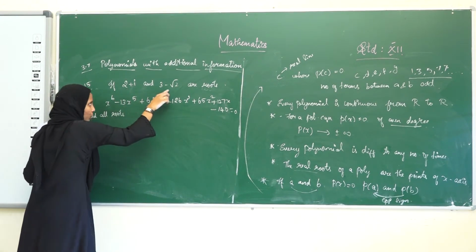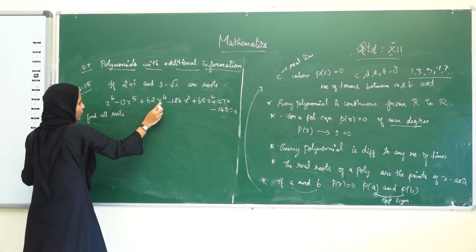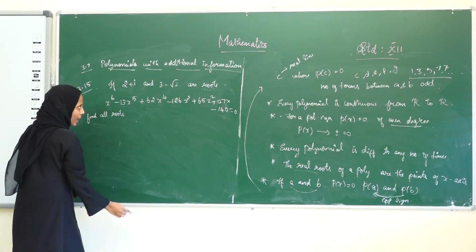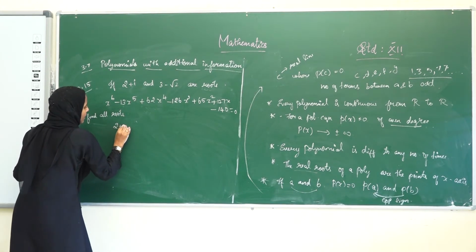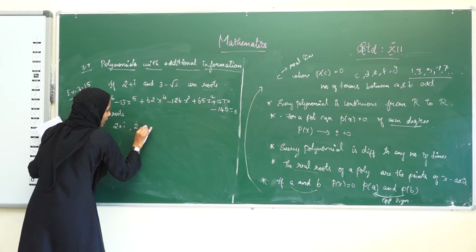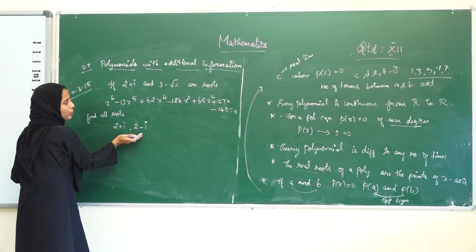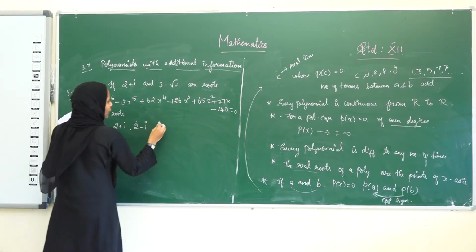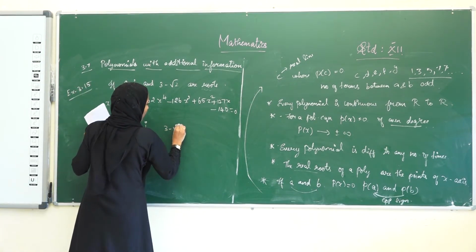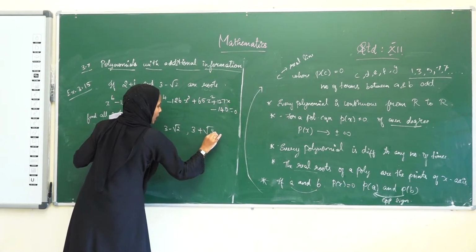They have given two roots itself. Since the coefficients of this higher degree polynomial are all rational, we can get another two roots. If 2 plus i is a root, then 2 minus i will also be a root. We have seen this type of finding roots in the last class. And if 3 minus root 2 is a root, then 3 plus root 2 will also be a root.